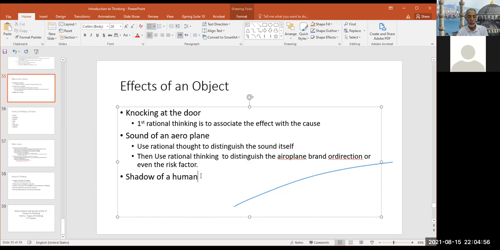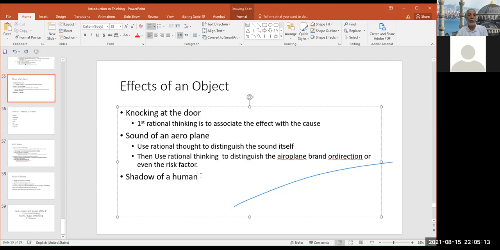So in the book, it says that regarding the effects that fall under sensation, thinking will take place in the existence, but not in the nature. Oh, it depends.